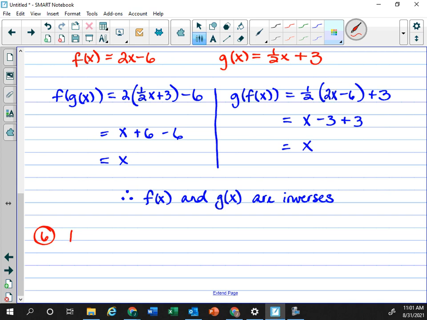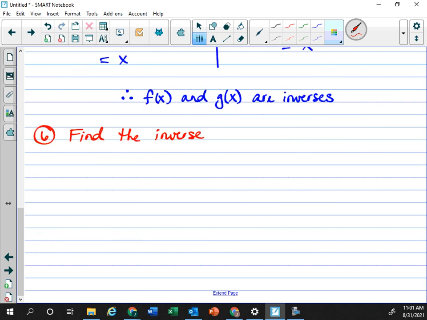Okay, you are actually going to find the inverse. So you are given y equals 3 plus x over 2 minus 3x.